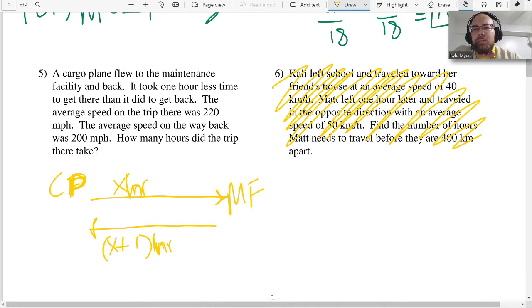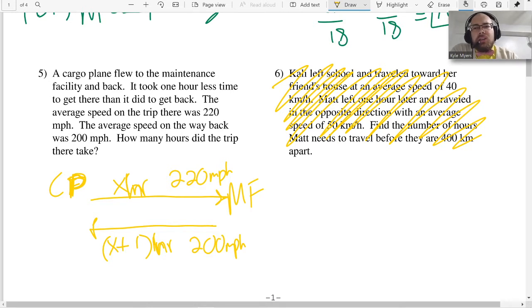Then it says the average speed on the trip there was 220 miles per hour. Trip on the way back 200 miles per hour. How many hours did the trip there take? Which we already read, but figured I'd read it again. And there we go. So notice that a lot of the work here is just the setup.